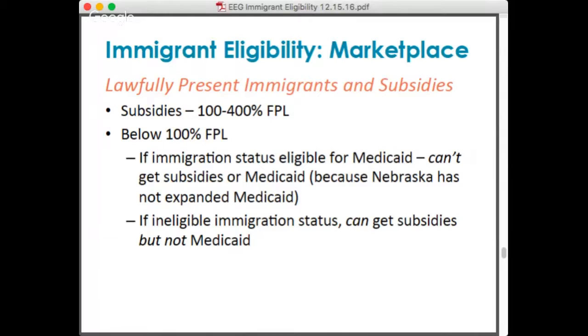However, if you have a status that would prevent you from being eligible for Medicaid, you can get subsidies, but not Medicaid.